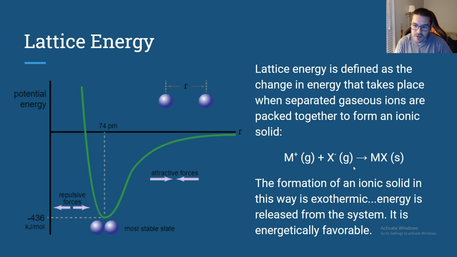So it's like the energy change from this situation where they are separate to this situation where they are together. And so it's always an energetically favorable thing, an exothermic situation, whenever two oppositely charged ions come together from being infinitely far apart.